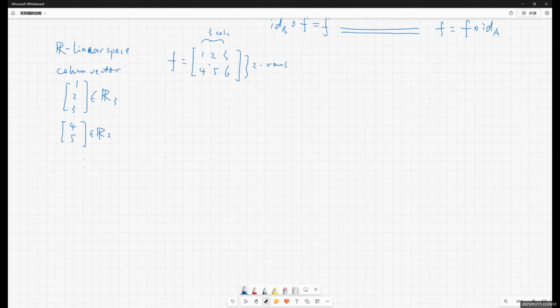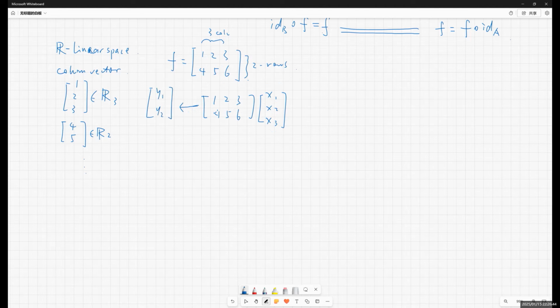The multiplication of the F accepts input x1, x2, x3, 3-dimensional, because there are 3 columns, and gives 2-dimensional y1, y2.